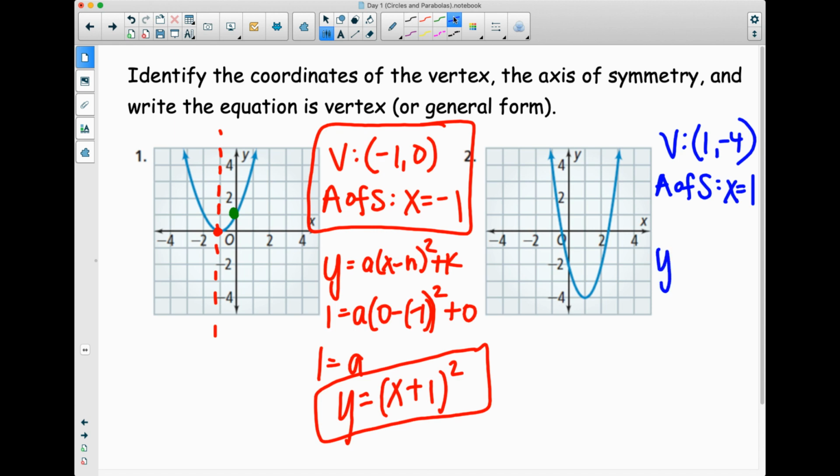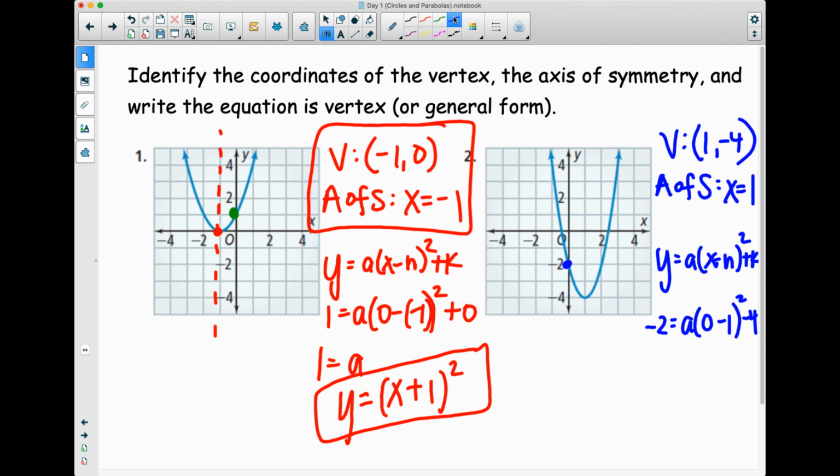Same thing, we use the equation. So I see a point here I can use, which is 0, -2. So -2 is my y, 0 is my x, and then I have my h, which is 1, and my k, which is -4.